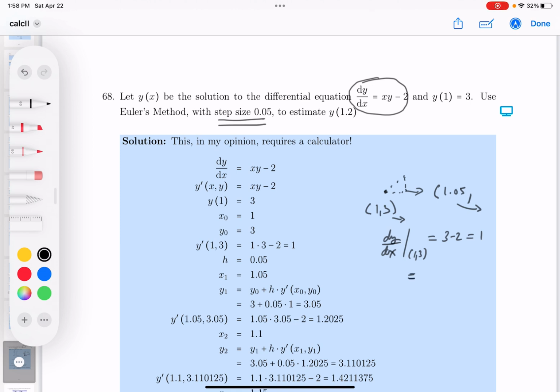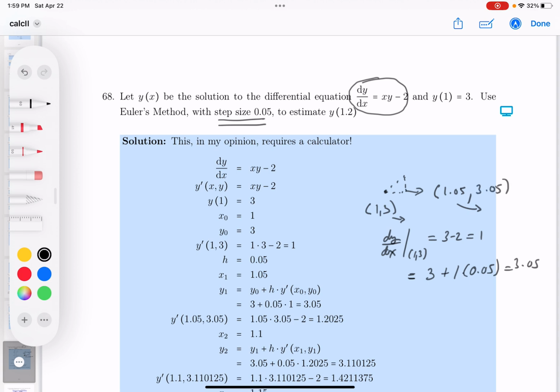We got the 3, but now we're moving up though, right? It's going to be the slope. What's the slope going to be? Well, the slope was 1. And then the step size, 0.05. What is it going to give you? 3.05. Let's write that down.